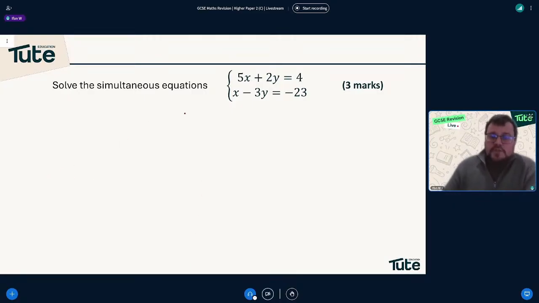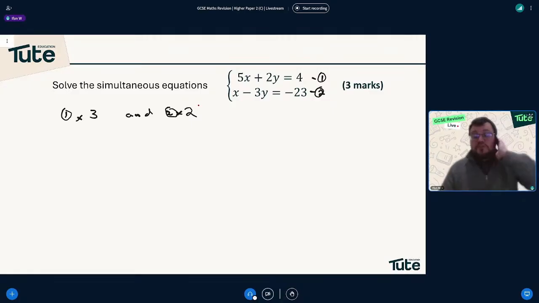Right then, simultaneous equations. What I'm noticing here is that we don't have the same coefficient of x, we don't have the same coefficient of y. So let me call one 1 and the other one 2. What I'm going to do is I'm going to multiply equation 1 by 3, and I'm going to multiply equation 2 by 2.